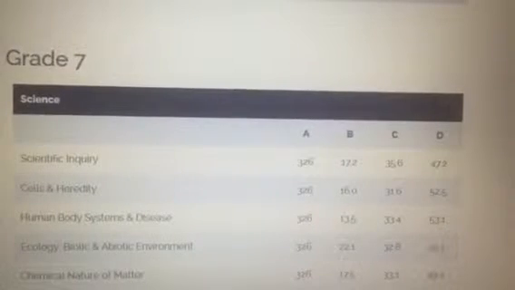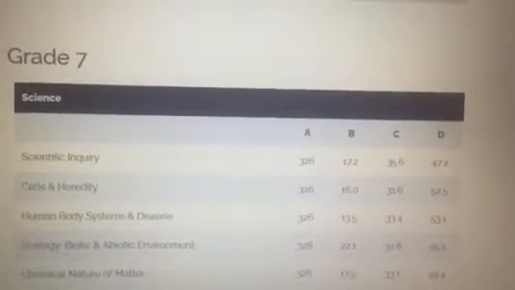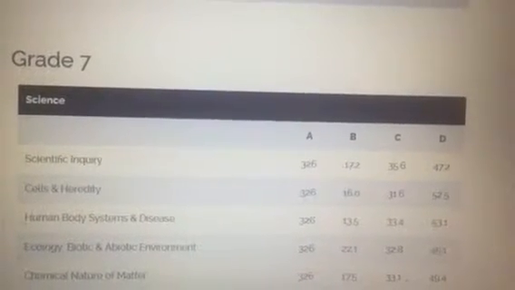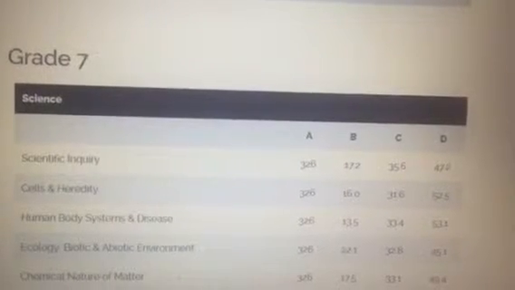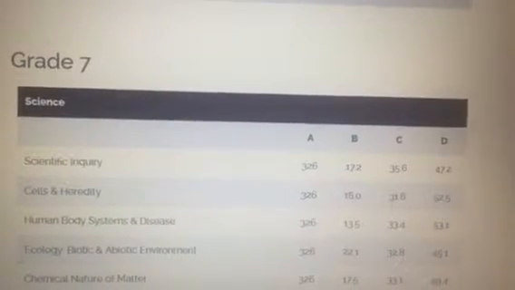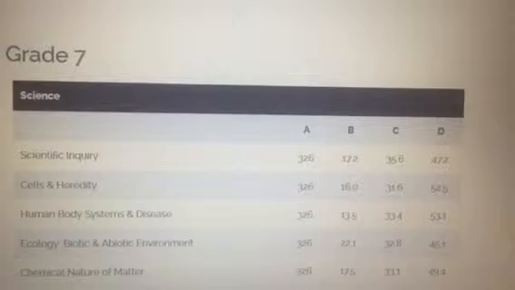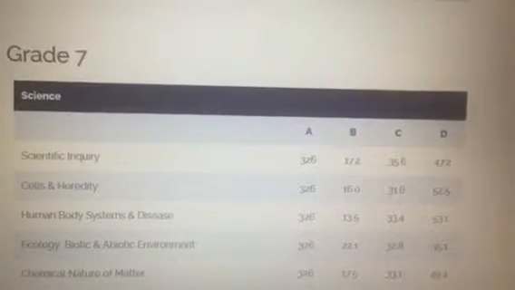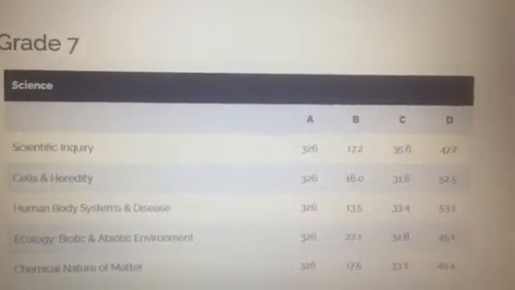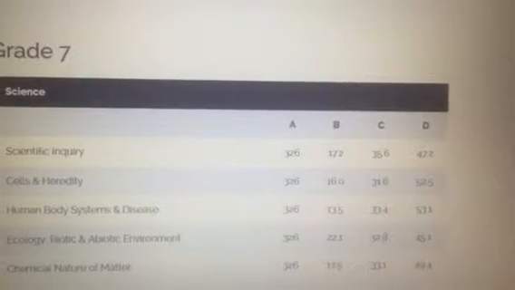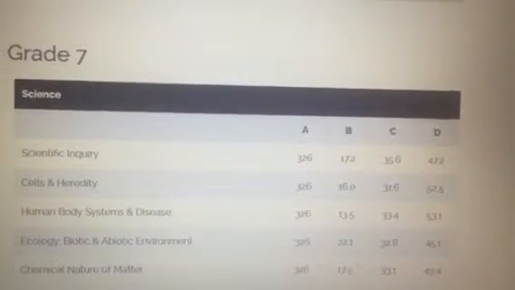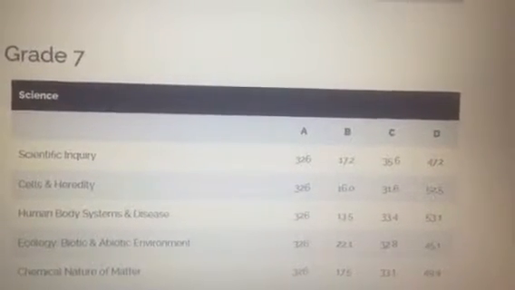We had 52.5% in cells and heredity, about 53% in human body systems, 45% in ecology, and about 49% of our students demonstrating strengths in chemical nature of matter.